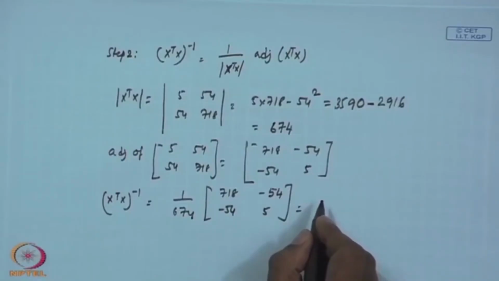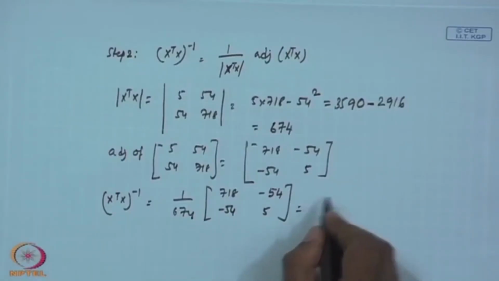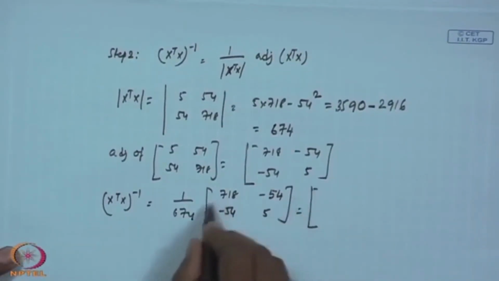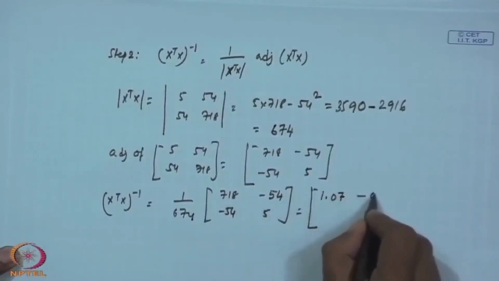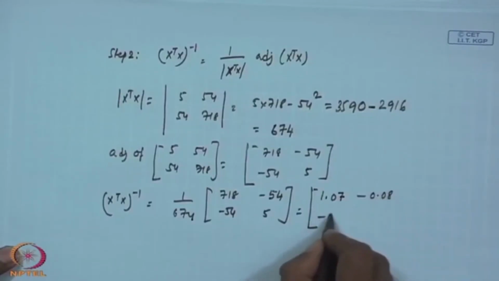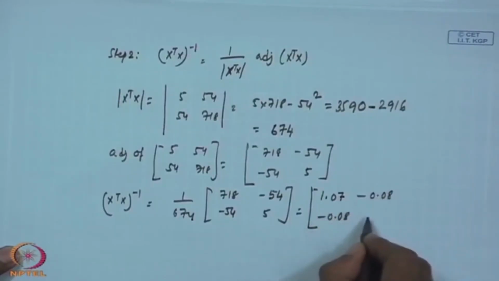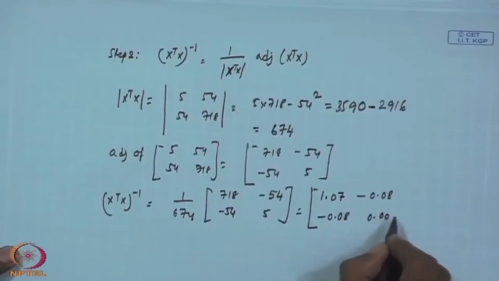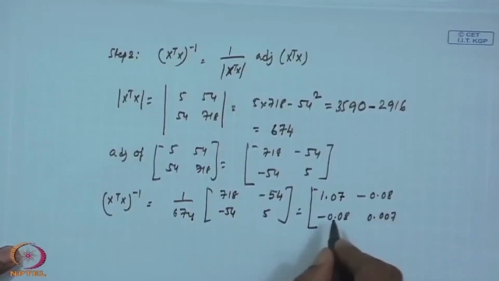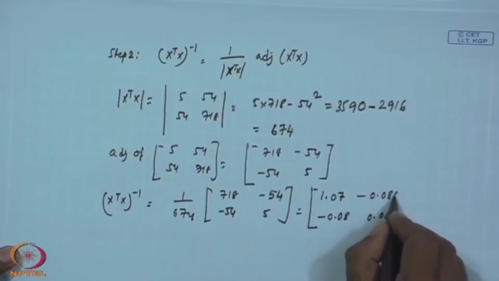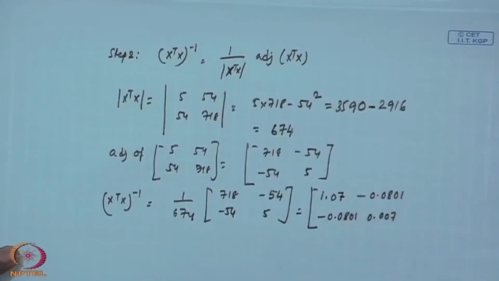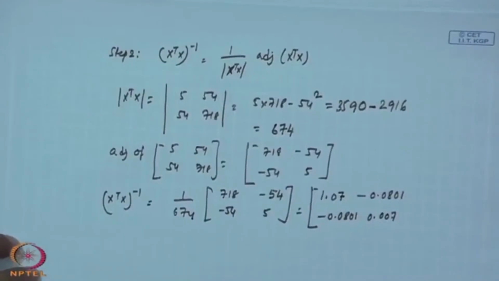The quantity will become something like this: 1.07, minus 0.08, minus 0.08, then 0.007. If you want more digits, then it will come with more decimals.